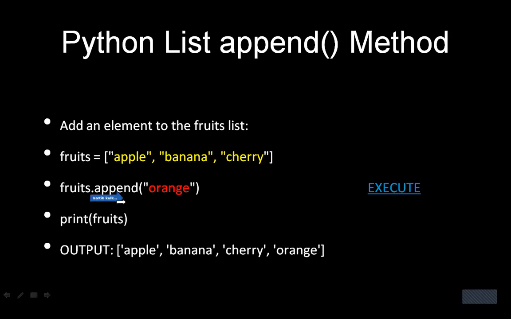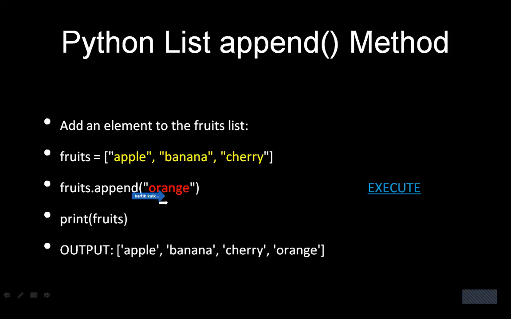Append is a built-in method, so you need to use this append method as it is. You cannot say that you can use it as app and all. No, that will not be allowed. So list name, dot, and then append, and in brackets we specify the value.